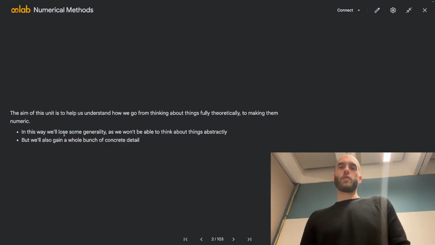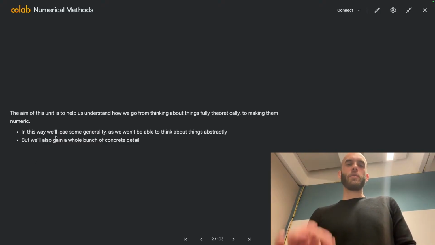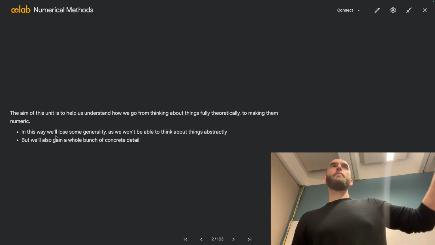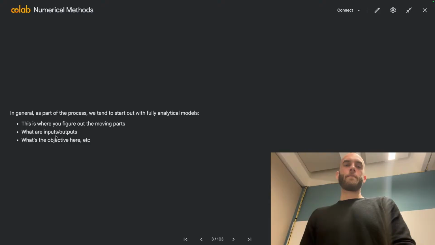Like your Greek alphabet soup that you've seen in intermediate. This is really nice in a lot of ways, but sometimes we actually want to be a little more detailed and go from something abstract to something more concrete. We lose some of the abstraction, but we gain some specificity.